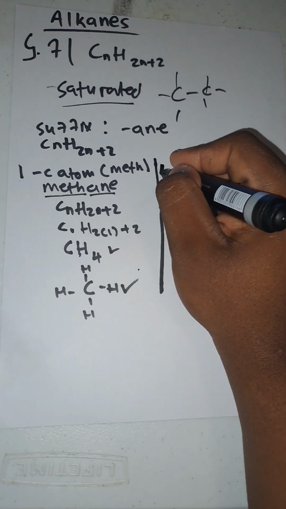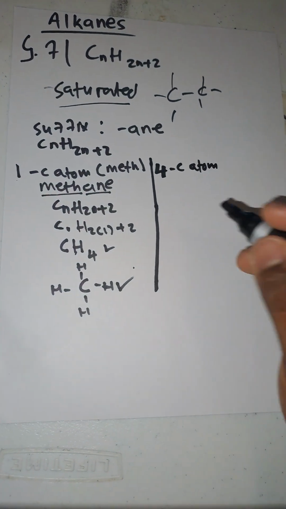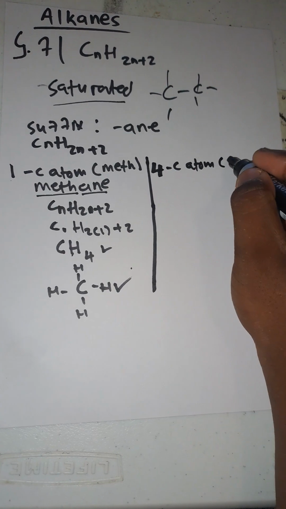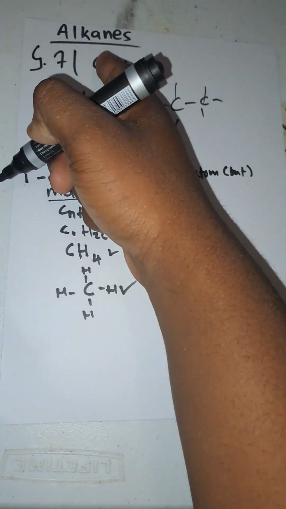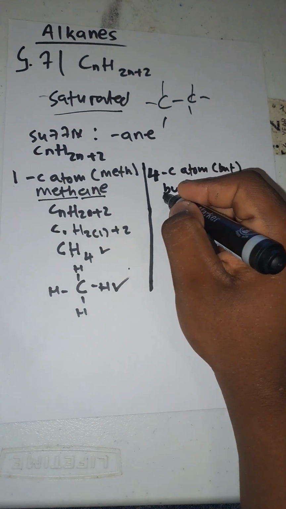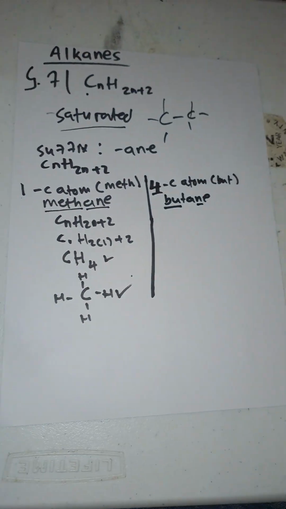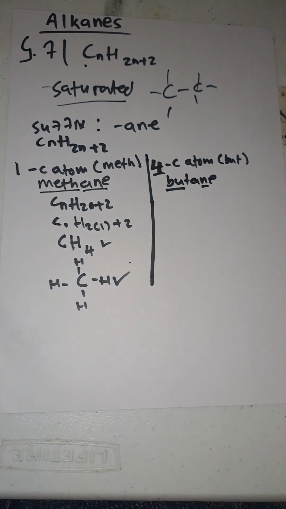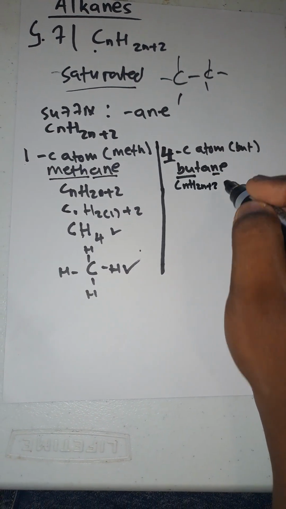Now let's say I have 4 carbon atoms. What did I say we call 4 carbon atoms? But. Since I have alkanes, it is going to be butane. This but is for having 4 carbon atoms, and ane is the suffix for alkane. Can you see it? So now I have CnH2n+2.